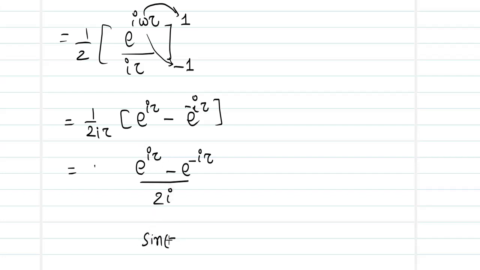In place of theta, you have tau. Now what about this 2i? If I take it inside, I will be left with an extra 1 by tau outside. So the final answer, the autocorrelation function required for the given power spectral density, is going to be 1 by tau sin tau. We will move on to one more problem.